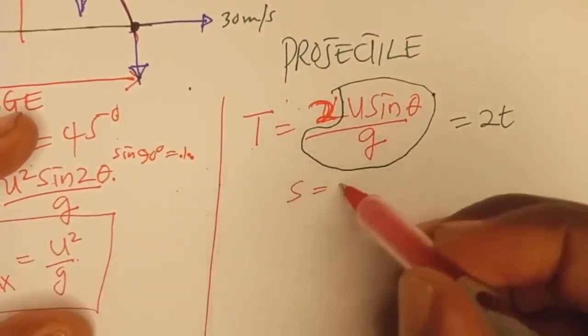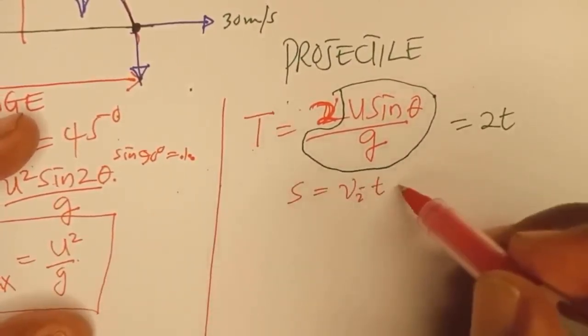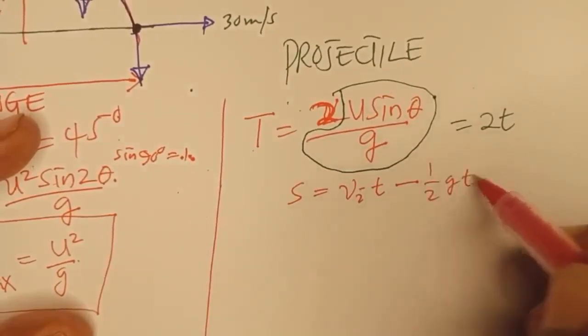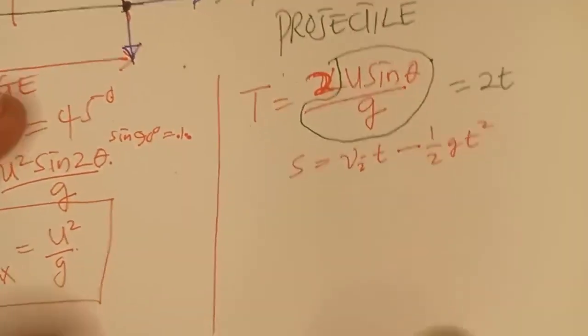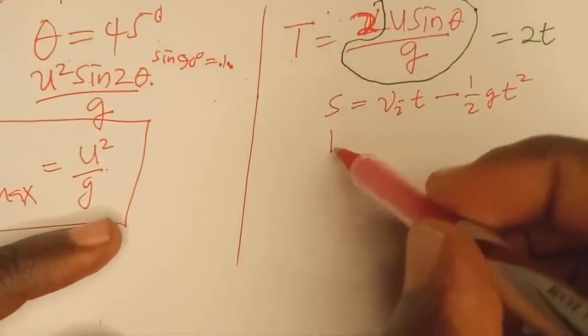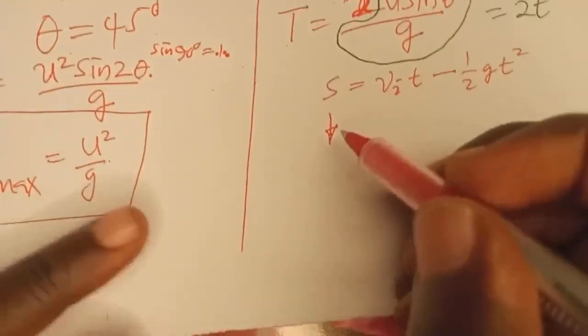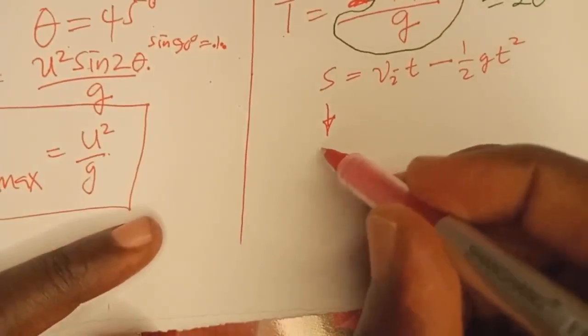S is equal to V sub I t, since it is going up, minus half gt squared. Now since it is vertical displacement, we can say this S is y.